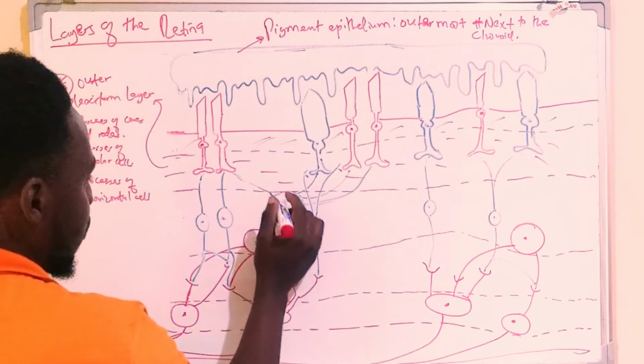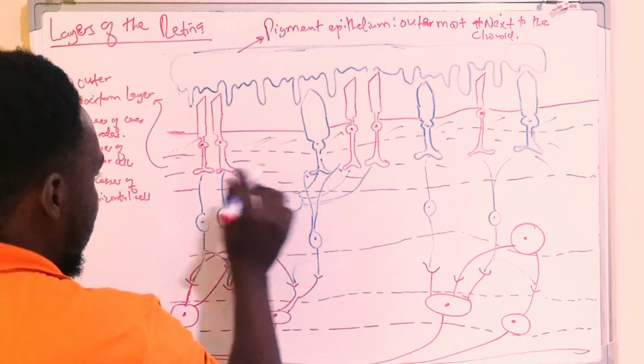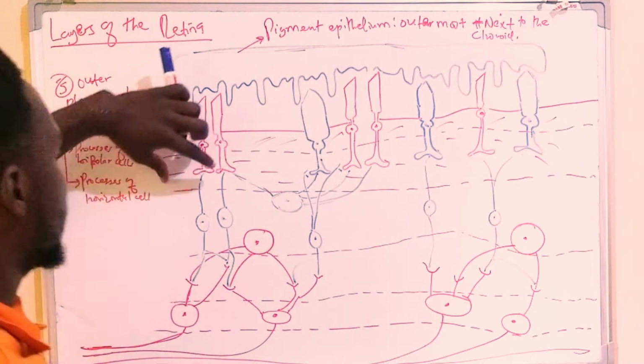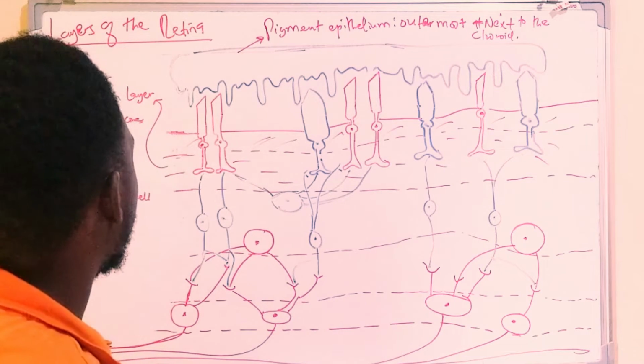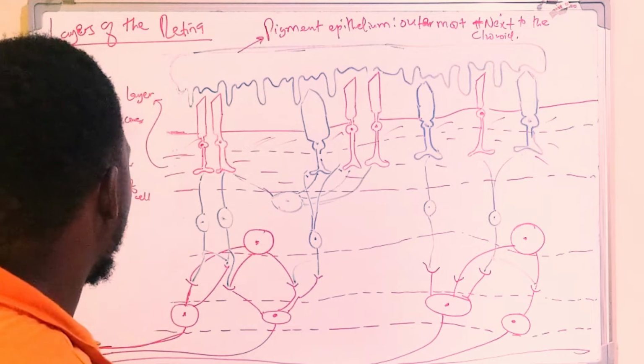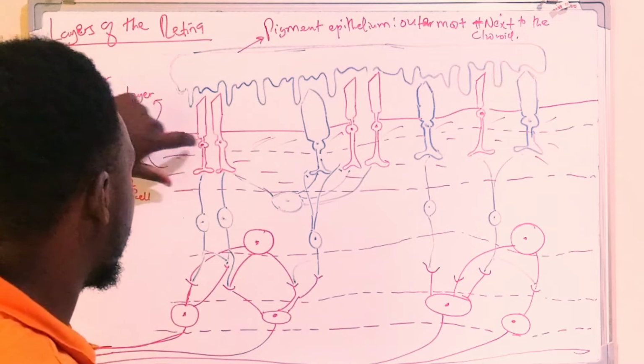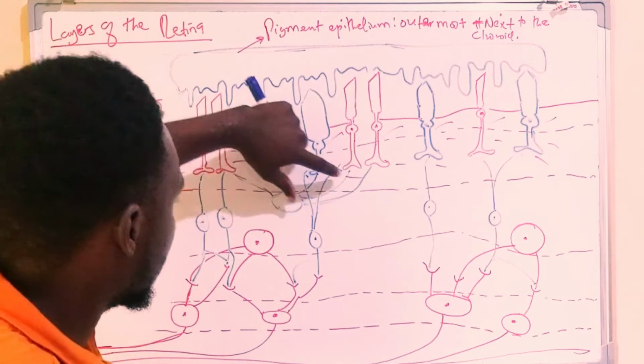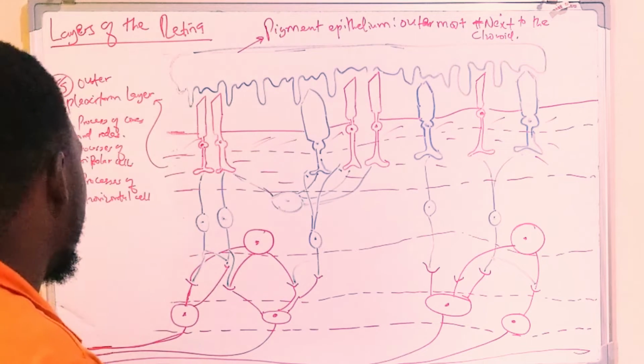You can see the horizontal cells here, and the processes entering the outer plexiform layer. So in other words, this outer plexiform layer has the synapses between the cones and the bipolar cells, and also the horizontal cells.